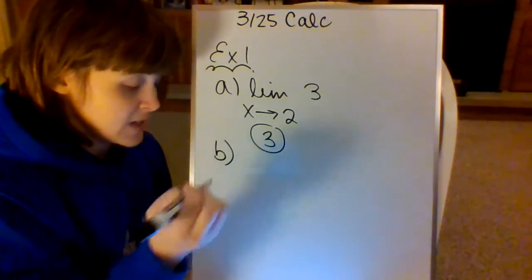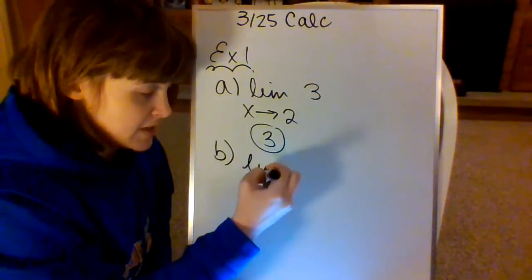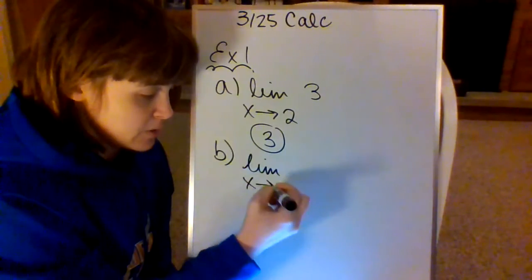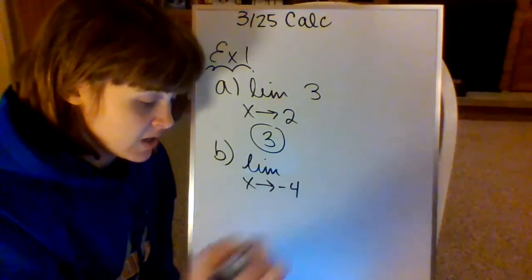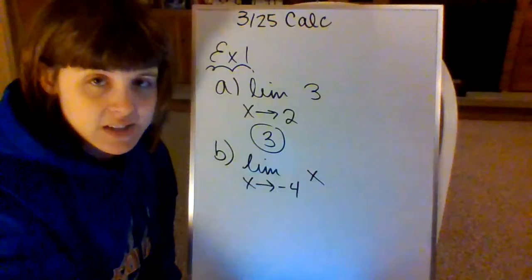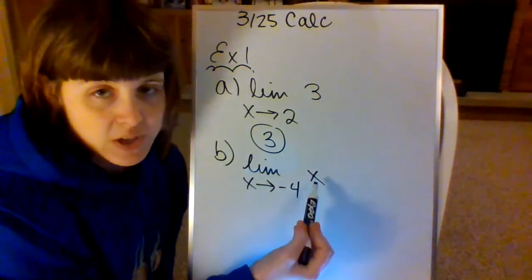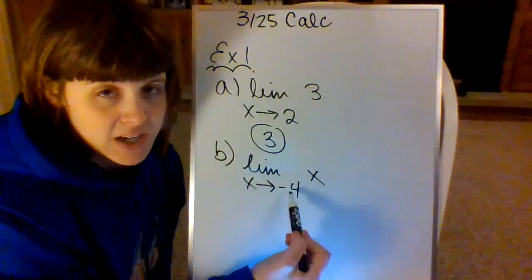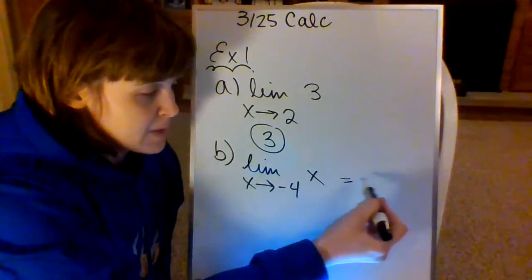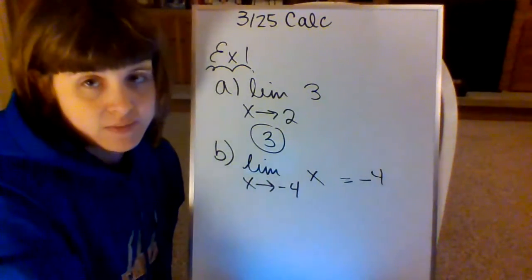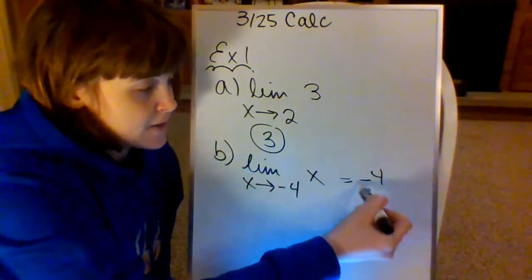Part B says find the limit as x approaches -4 of the function x. So we're going to plug in our -4 into our function here. If you plug in -4 for x, the limit equals -4. So that's it for the second one.